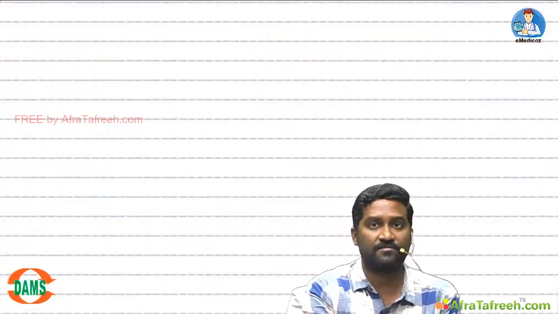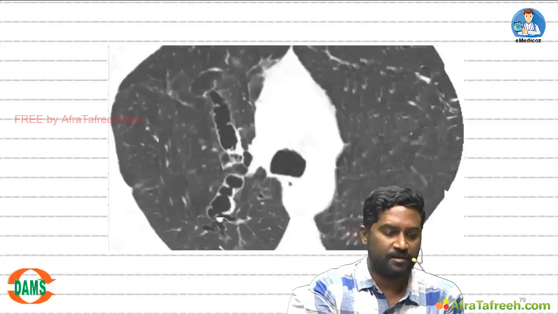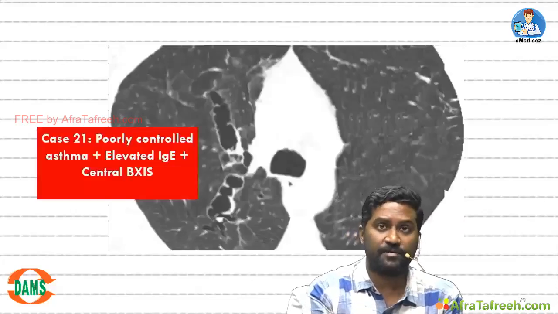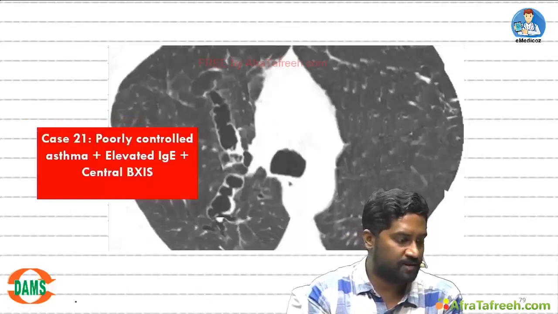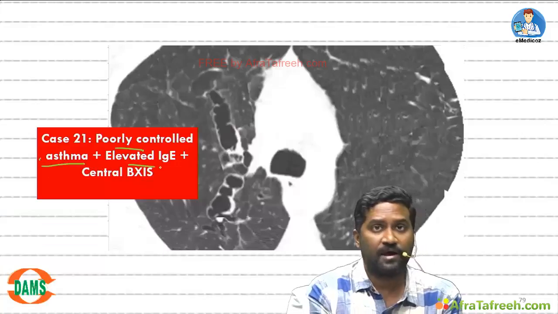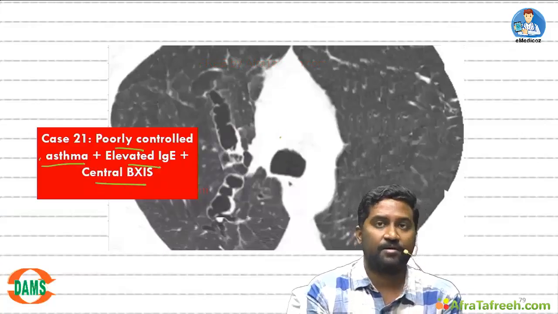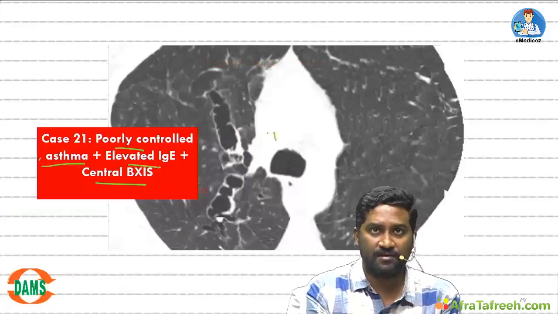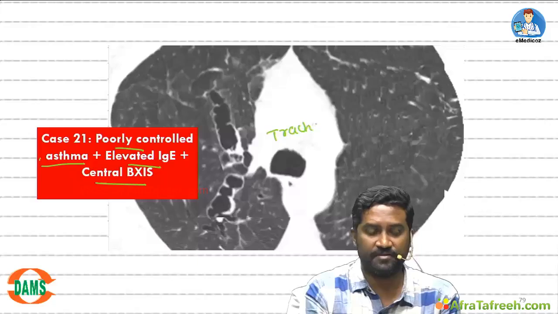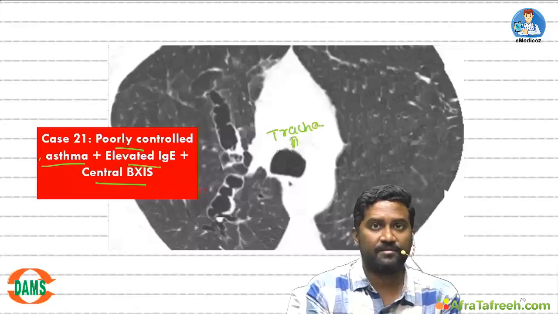Let us see some questions for you to understand better. This was the CT scan of a patient who is having poorly controlled asthma. His asthma is not getting controlled properly. He is having elevated IgE and central bronchiectasis. Now what is this central bronchiectasis? See here, this is the trachea, the large central airway.